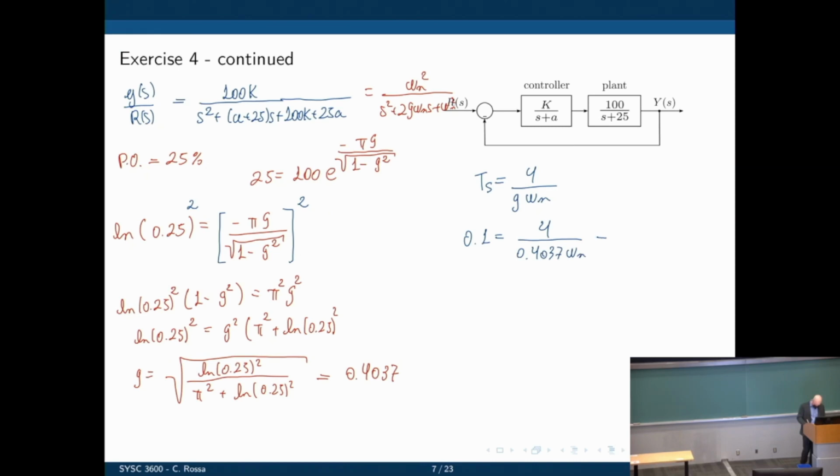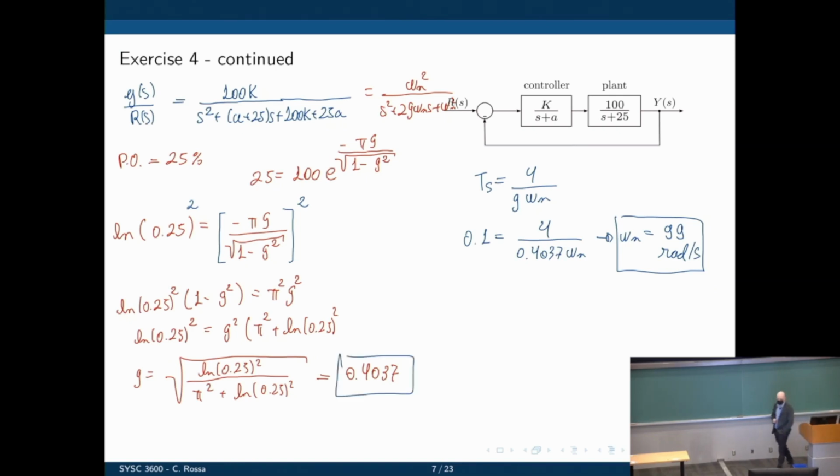With this, we can find omega n, and this is 99 radians per second. So to meet these requirements, we need those two values to hold.